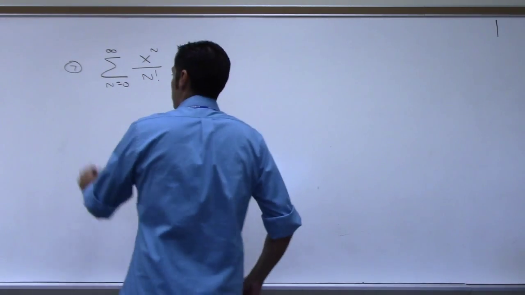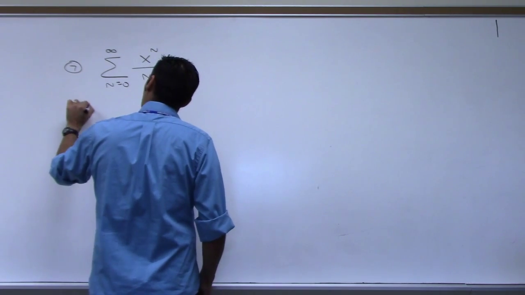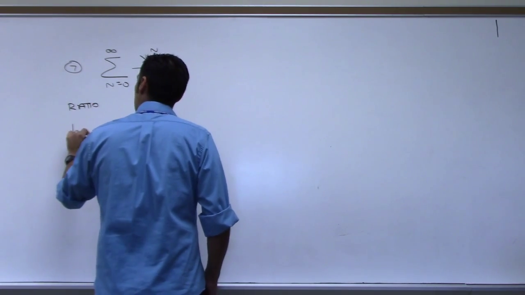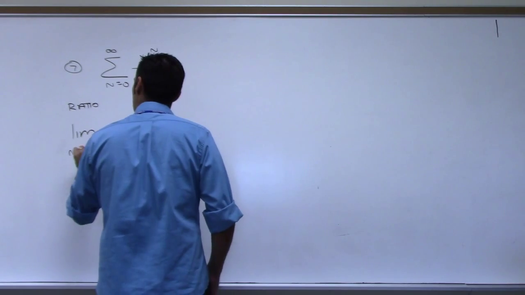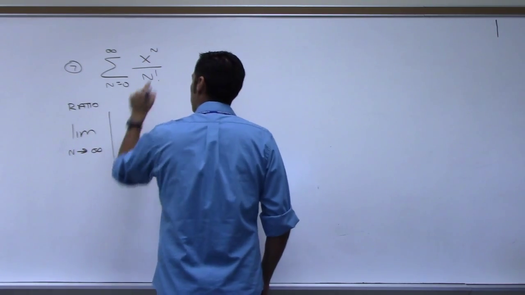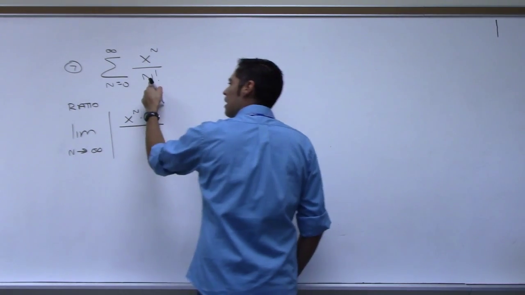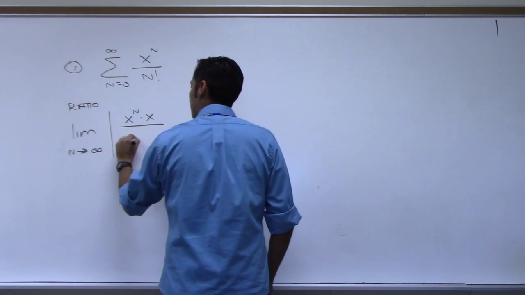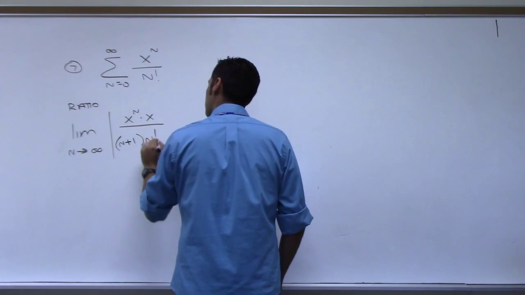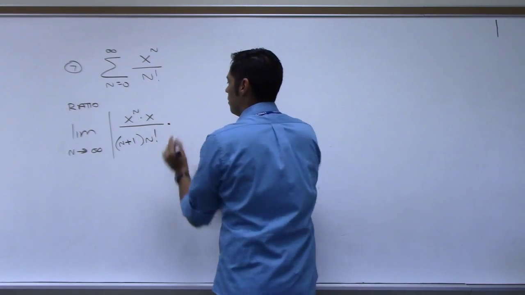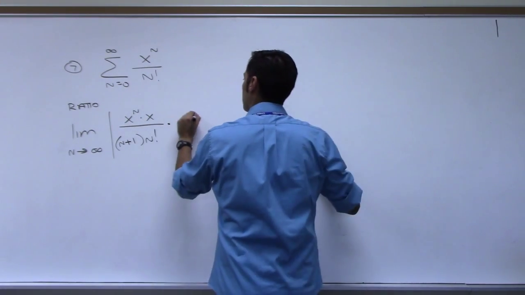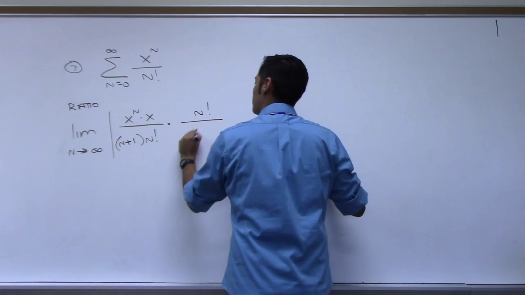So I'm going to do my ratio test. Limit n goes to infinity. The absolute value, plug n plus 1 in here. When I plug in n plus 1 factorial, we've already seen that that can be broken down to be this. And then I do this over that, flipped over, n factorial on top, x to the n on the bottom.